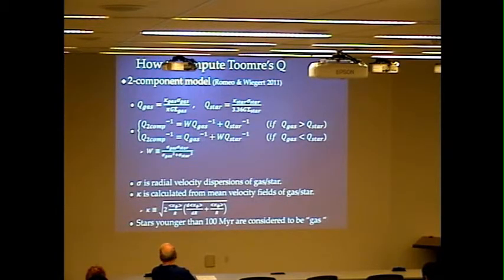So I can determine Q separately for the gas component and the star component, and I can combine the gas Q and the star Q into the two-component Q value. And the epicyclic frequency is determined from the actual rotation velocity.